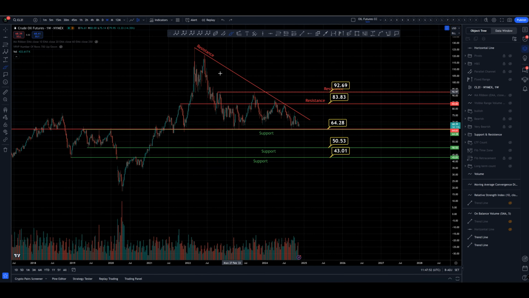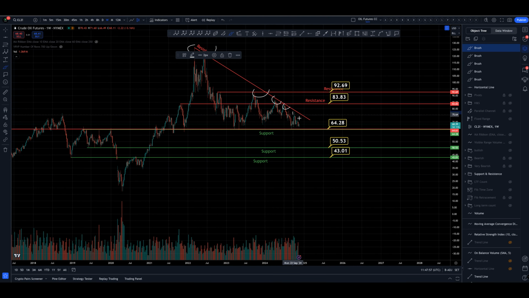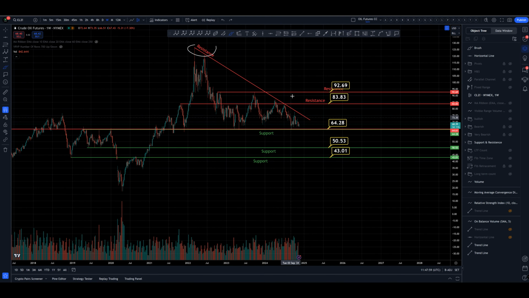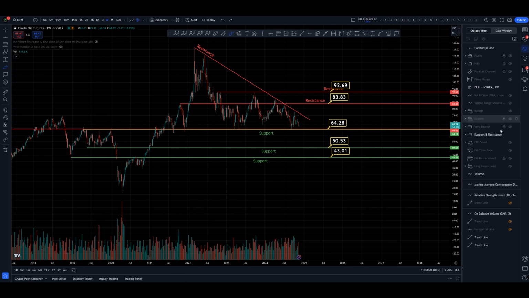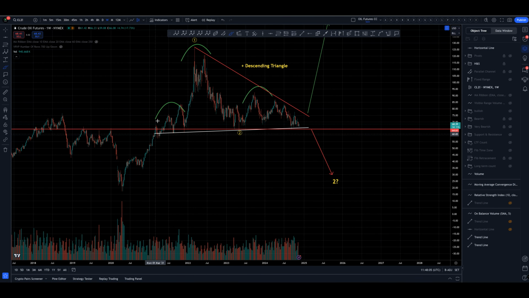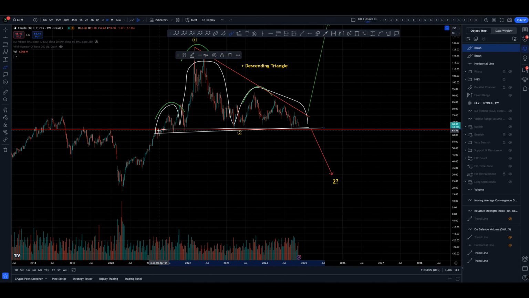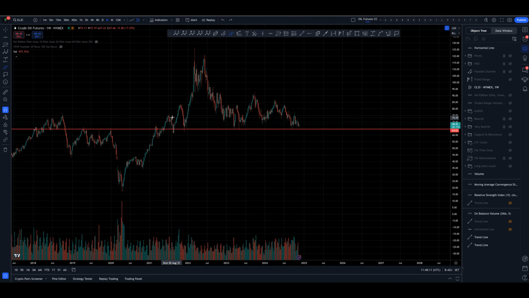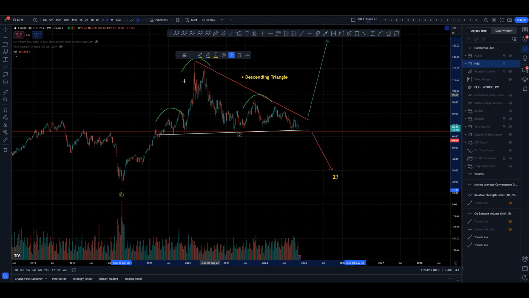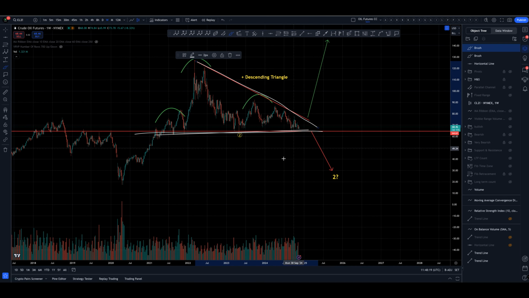What we can also observe is a series of lower highs, a series of descending highs. From a classical analysis point of view, this looks very typically like two things. It looks like a head and shoulders, not the cleanest example, back to a neckline, but it is there, and it also resembles a descending triangle, back to support and then a downward slope.